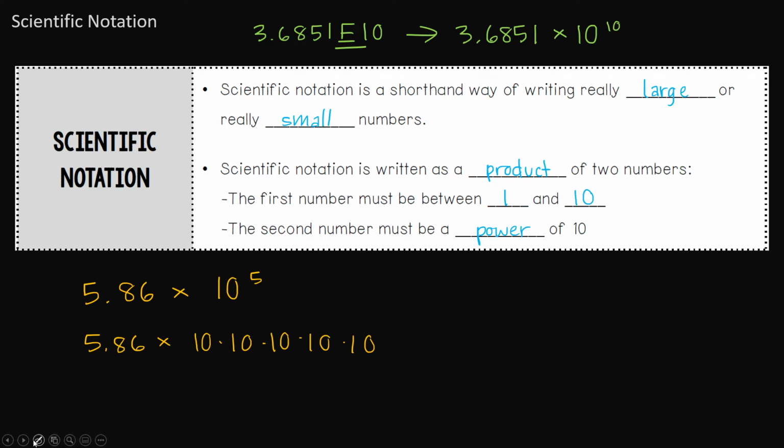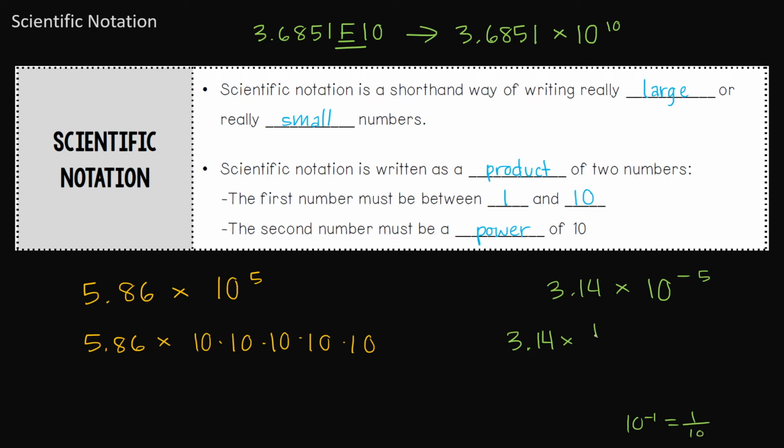Let me show you an example of a really small number in scientific notation. In scientific notation, we represent very small numbers with negative exponents, times 10 to, let's say, the negative 5th power. This is going to be 3.14 times, well, we know that 10 to the negative 1st power is actually 1 over 10, right?